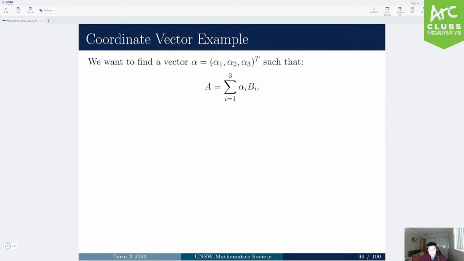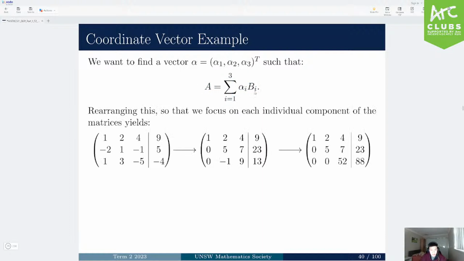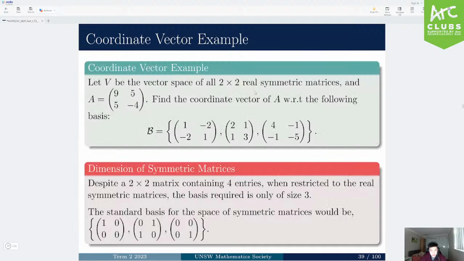So again, we want to find the coordinate vector alpha such that we can write A as a linear combination of the basis matrices. Okay. Again, we can just solve this using matrix row reduction. Okay. We're setting alpha 1 of the first matrix plus alpha 2 of the second matrix plus alpha 3 of the third matrix.